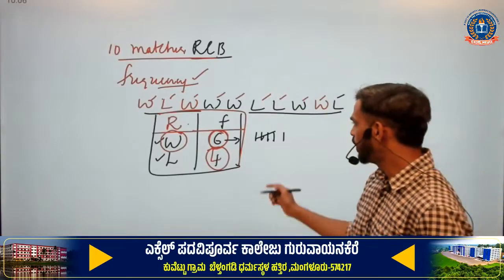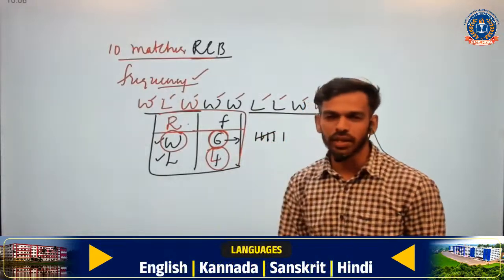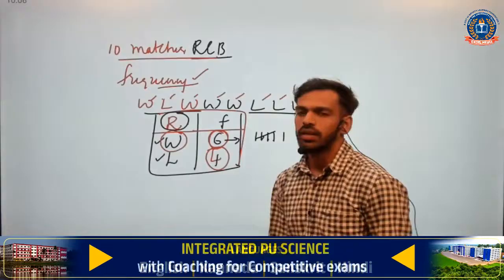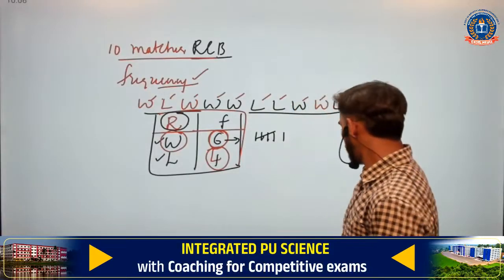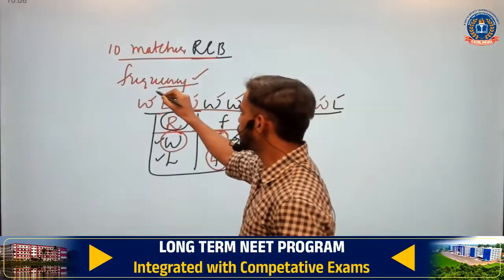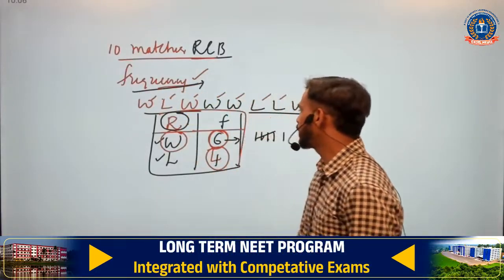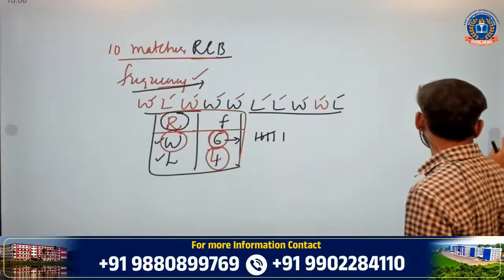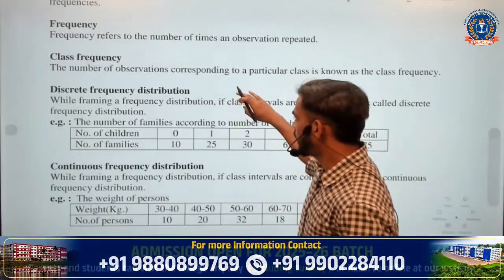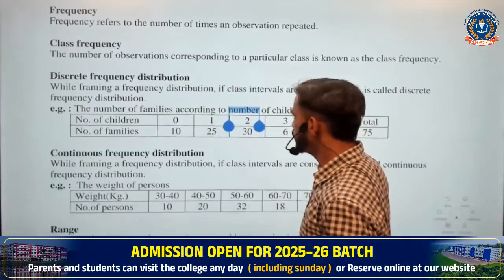You can construct it for any other variables as well; the variables we will understand later. First, this is about the simple topic of frequency. Frequency is nothing but repetition. Here we can understand that a frequency distribution can be constructed in 2 ways.